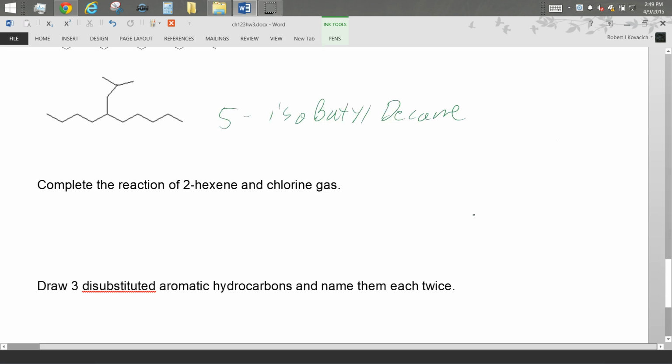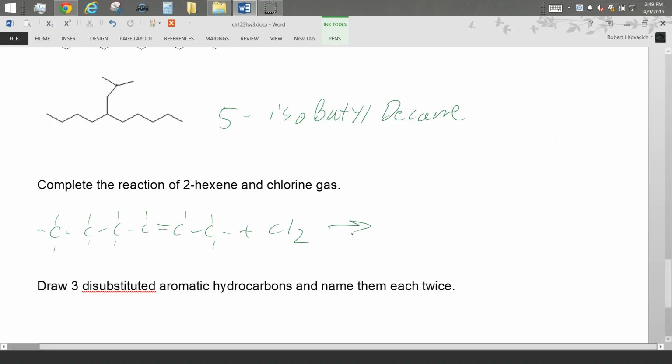Complete reaction of 2-hexene and chlorine gas. So in this one, you didn't say cis or trans either. Or did you? 2, 3, 4, 5, 6. I only didn't, only because it doesn't matter for the reaction itself.